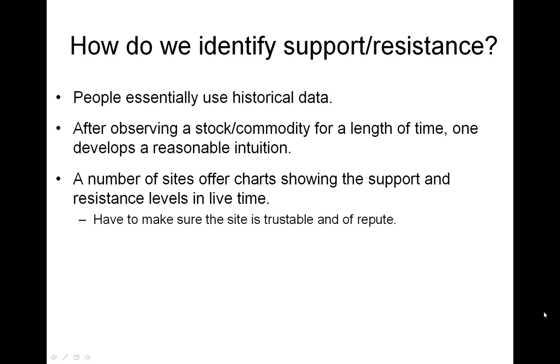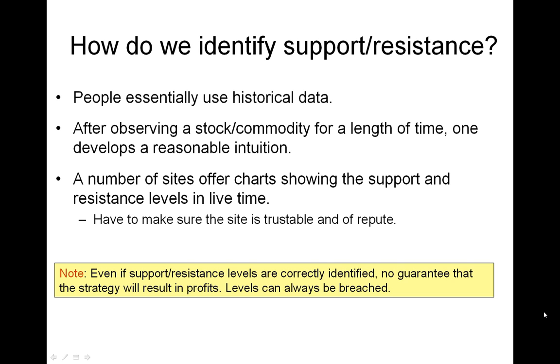However, it's important to understand that, and this sounds a little cliche, but just like all the other strategies, even if we did find out what the appropriate support and resistance levels are, there's no guarantee that the strategy is going to produce profits for us. The levels can always be breached. If you remember, we used the term pseudo earlier. So just because there's a resistance, it represents a pseudo maximum.